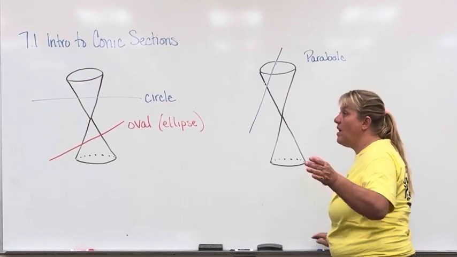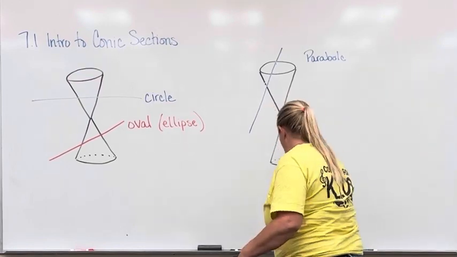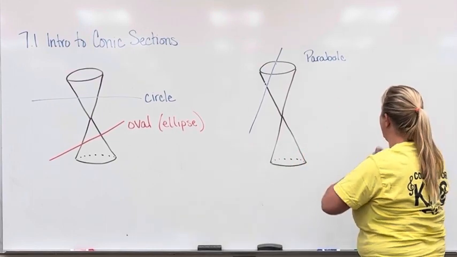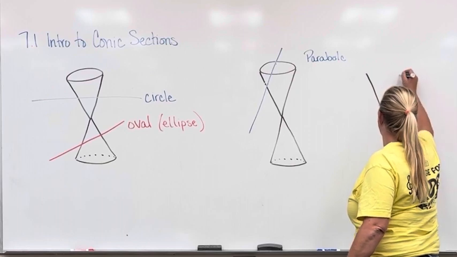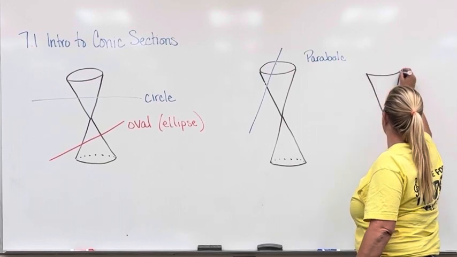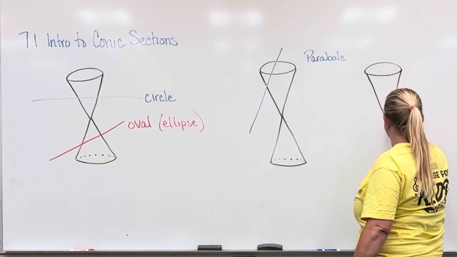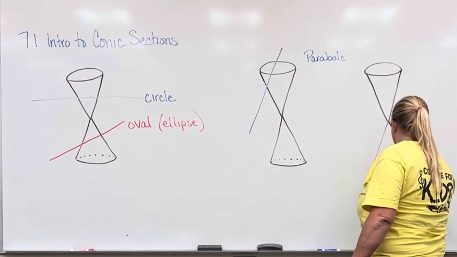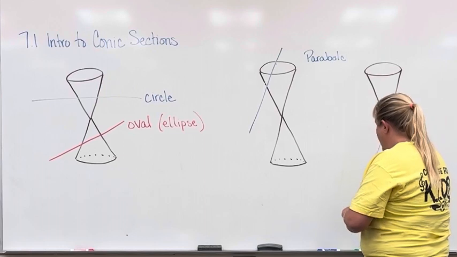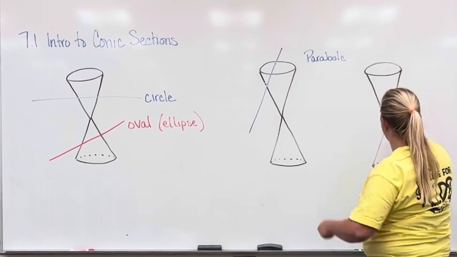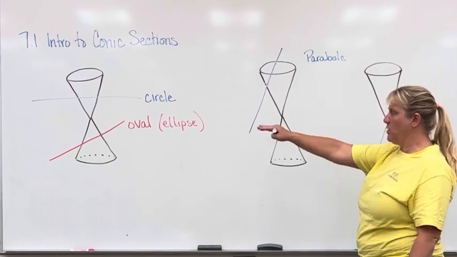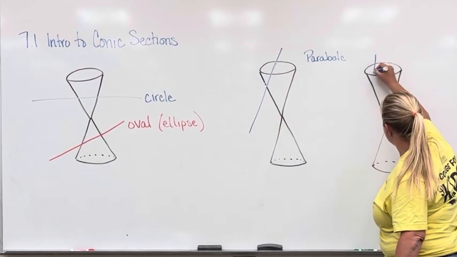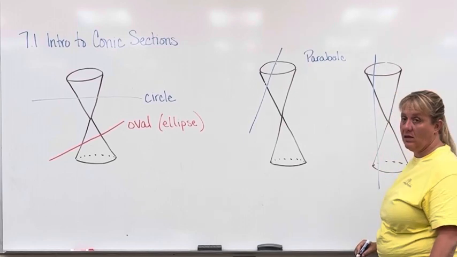Now, if we go even farther, okay, and we take our diagonal line and we go even further with it, now what we have, here, let me draw this one more time. There we go. So we take our horizontal line, we made a diagonal, and now we're going to go right through like this.